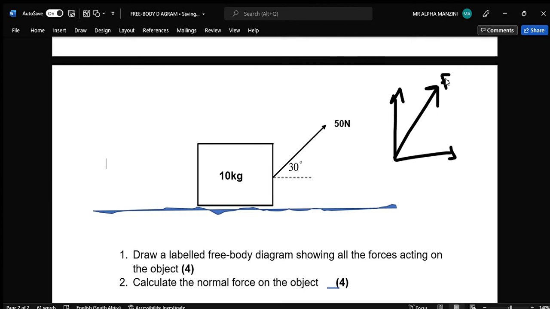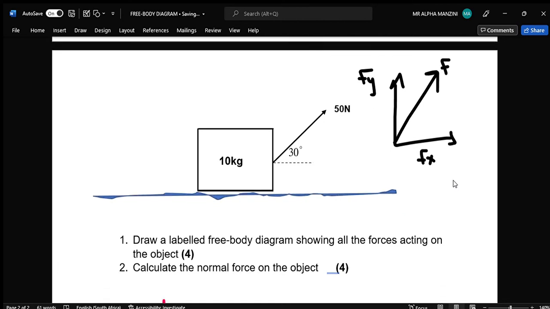We can say this one is Fy. Why Fy? Because it's a vertical component, and we call this one Fx, since it's horizontal. So this force can be presented in this way: Fy and Fx, vertical component and horizontal component.